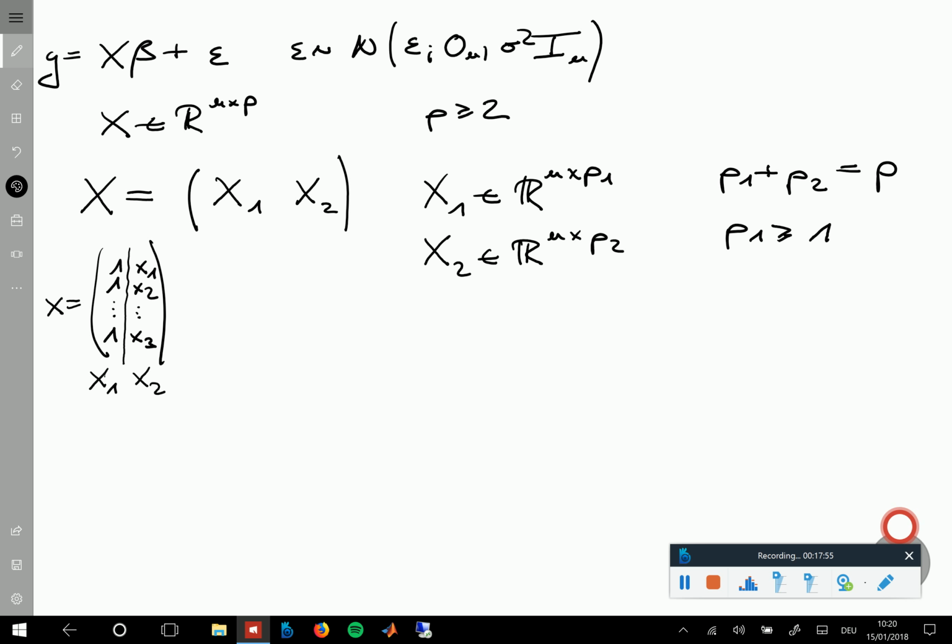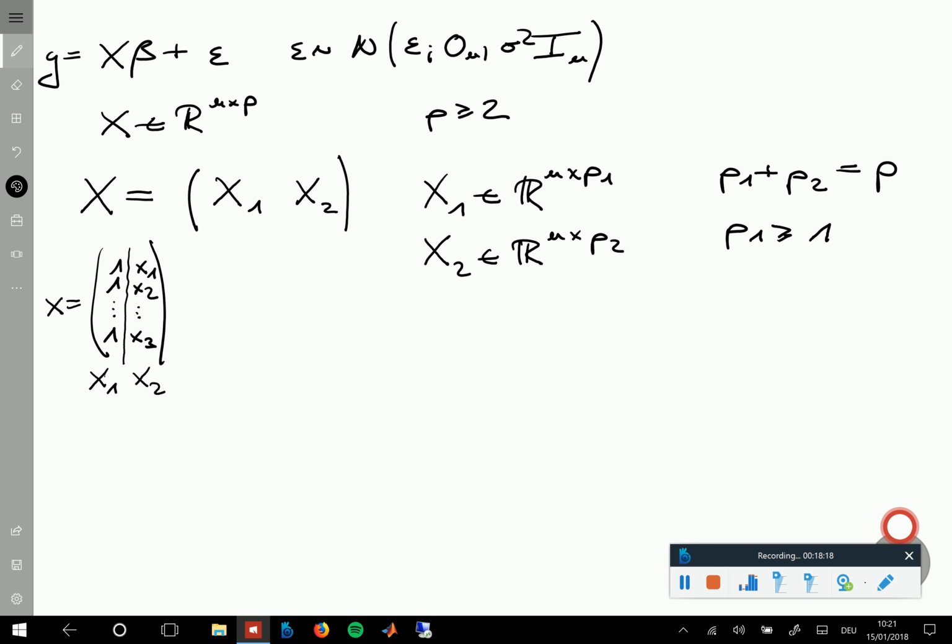We don't want to over formalize things in the way that X1 needs to be a matrix. So we're splitting the design matrix, and correspondingly we are splitting the beta parameters.